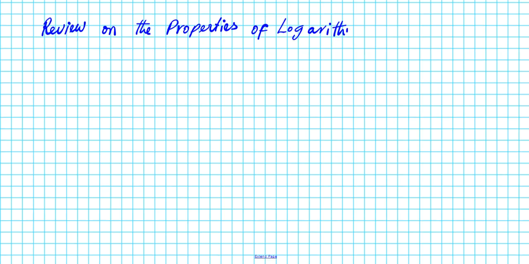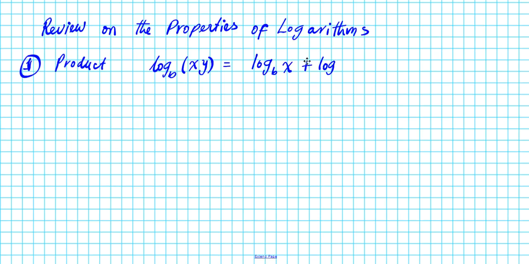The first property we're going to be looking at is the product property. If you have log base b of a product, so if your logarithmic argument is a product of 2 variables or numbers or combination of variables and numbers, this can be written as log base b of x plus log base b of y.